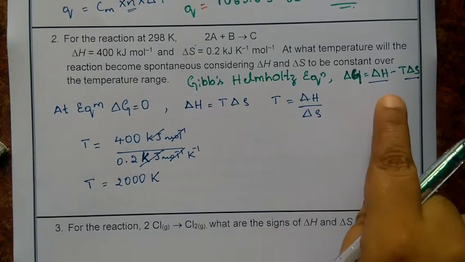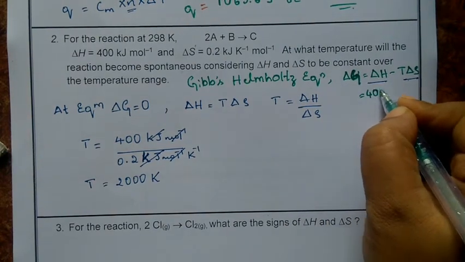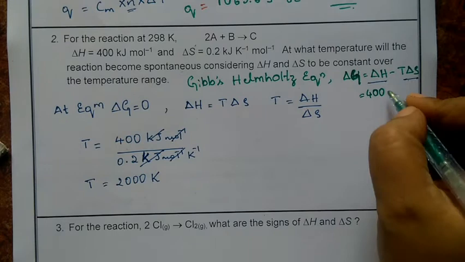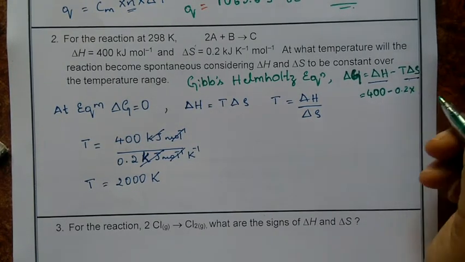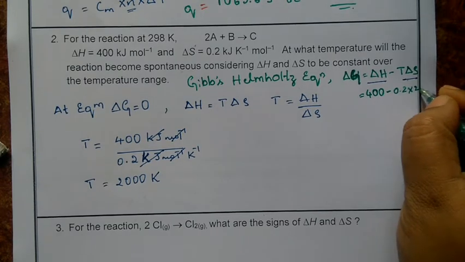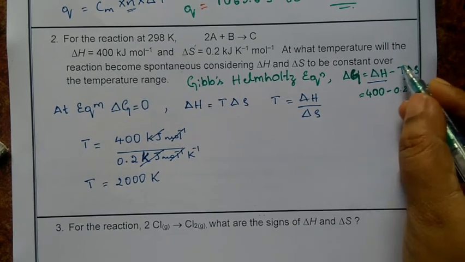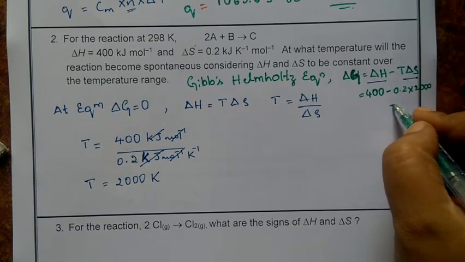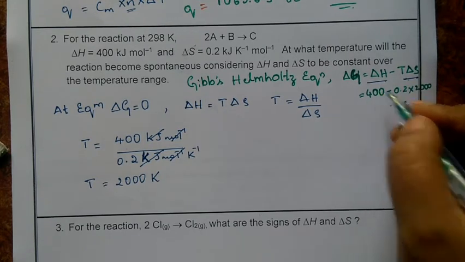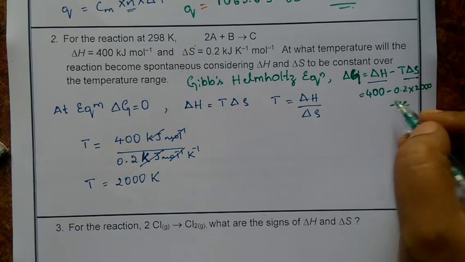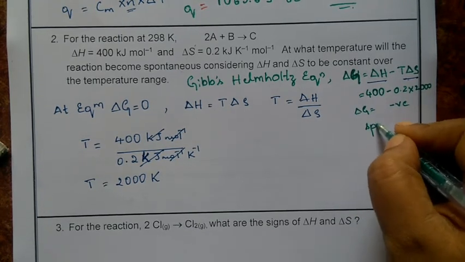So when you consider this equation, delta H is 400 minus 0.2 into delta S, and the temperature, if it is substituted as 2000 Kelvin, then T delta S becomes larger, so delta G is negative, because 400 is a smaller value.